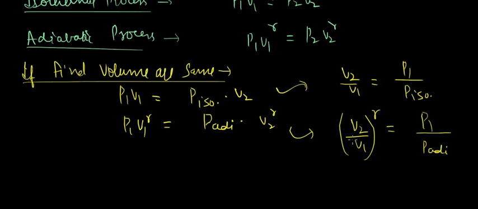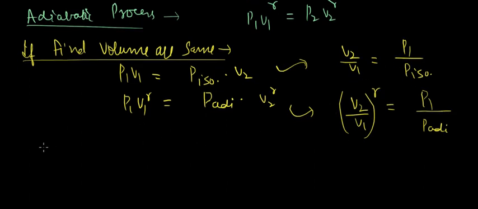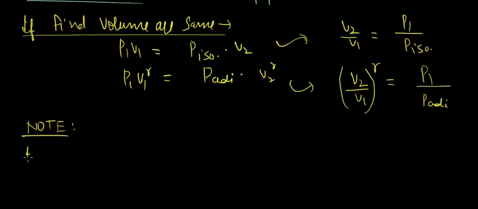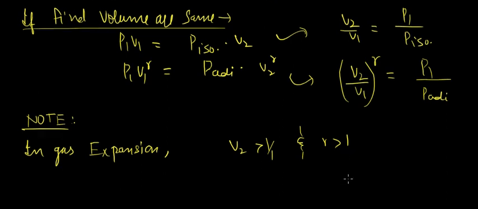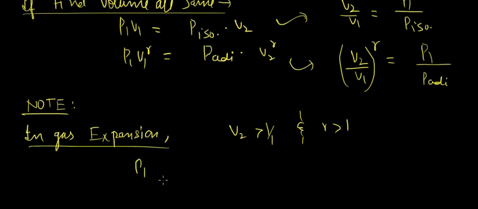Okay, so some notes here that in gas expansion V2 is greater than V1 and gamma is greater than 1, so P1 upon P adiabatic would be greater than P1 upon P isothermal.